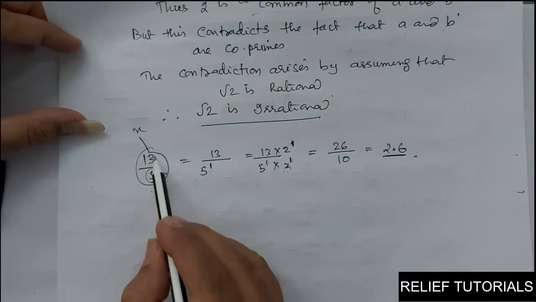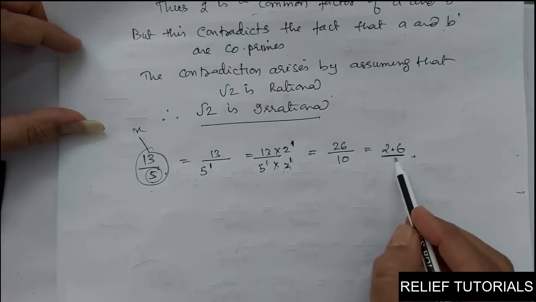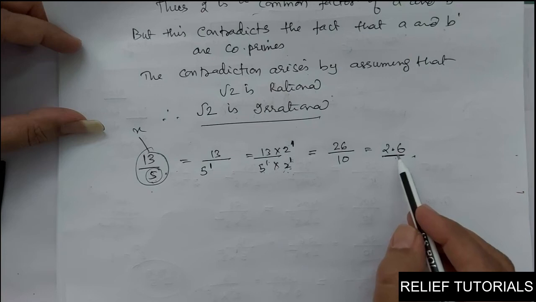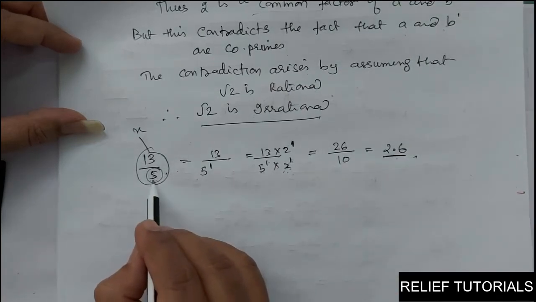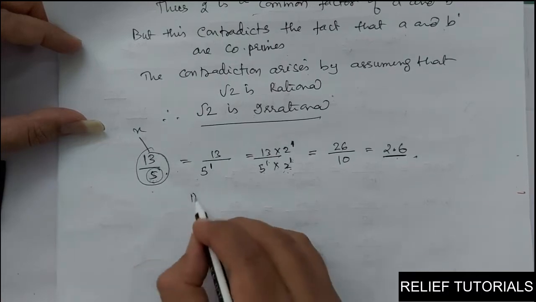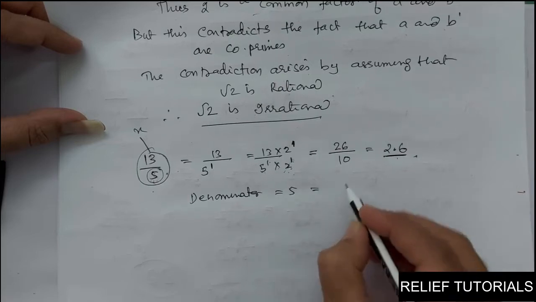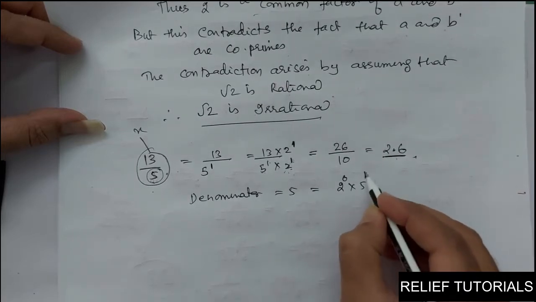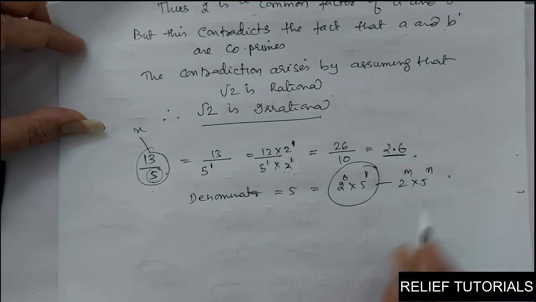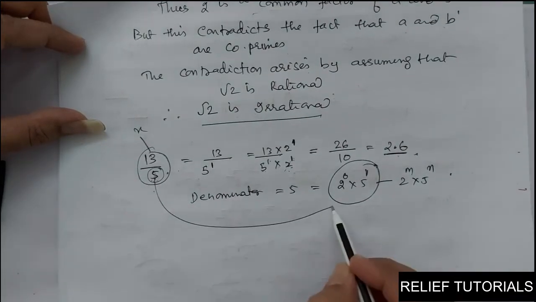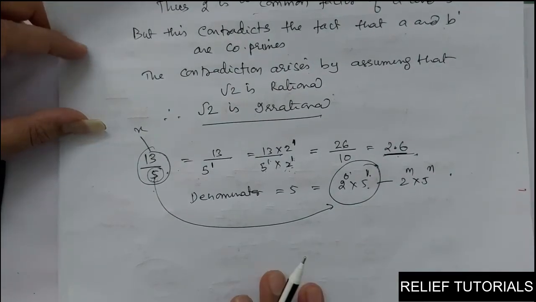So just by looking at the p by q form, you should be able to answer whether it has a terminating decimal or a non-terminating recurring decimal. You have to look at the denominator. What is the denominator here? Denominator is 5, which you can write as 2 raised to 0 into 5 raised to 1. So this is of the form 2 raised to m into 5 raised to n. If the denominator is of the form 2 raised to m into 5 raised to n, then it has a terminating decimal. That is our theorem.